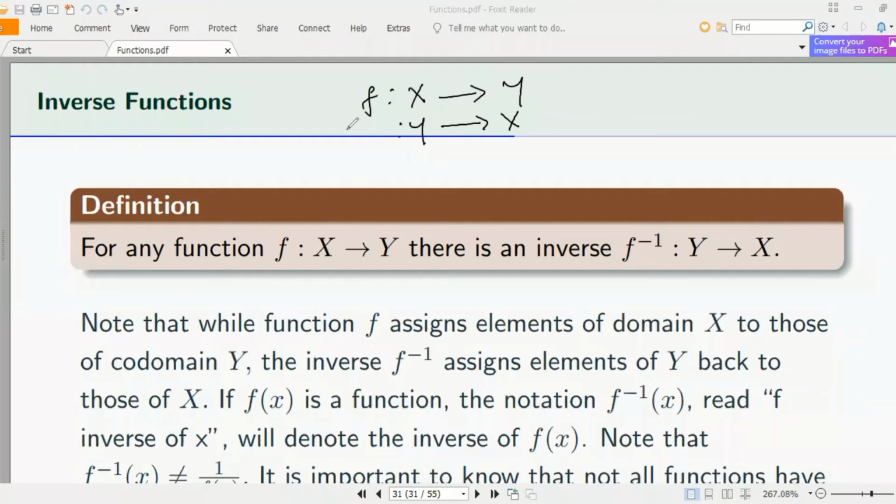We shall denote it as f inverse. So for any function f assigning elements of x to those of y, there is an inverse which assigns elements of y back to x.